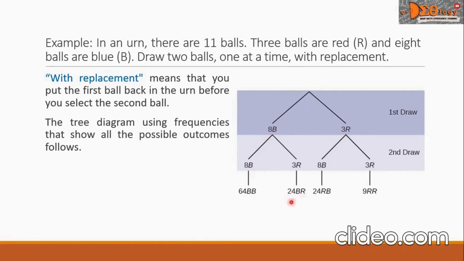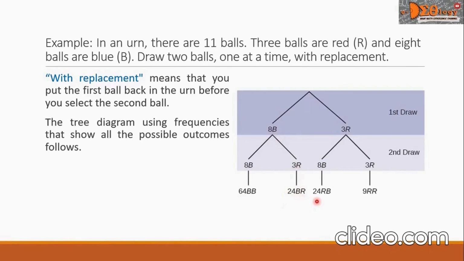Here we can see 24 BR. The 24 comes from the product of these 3 and 8. And this BR means the first draw is a blue ball and the R is red ball.